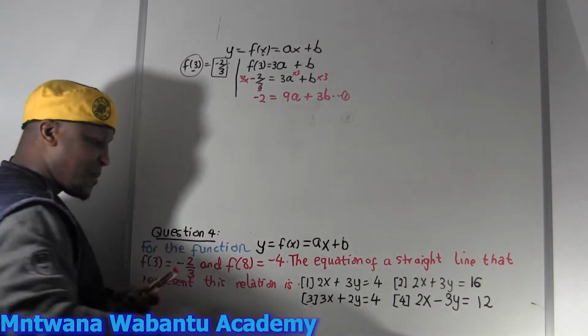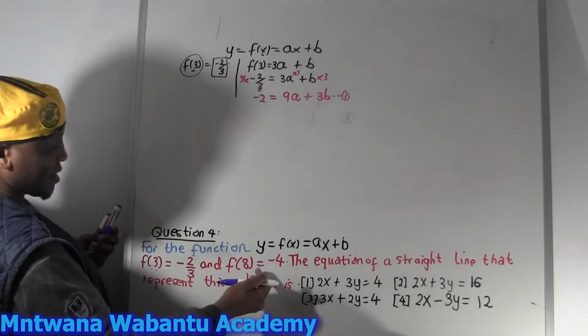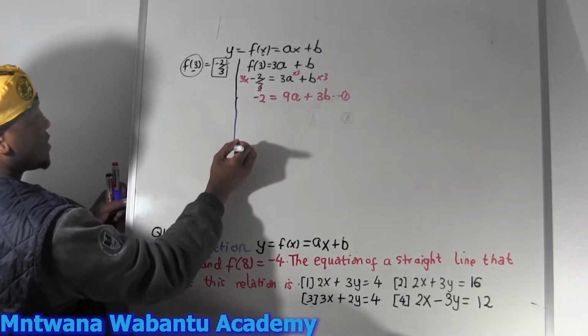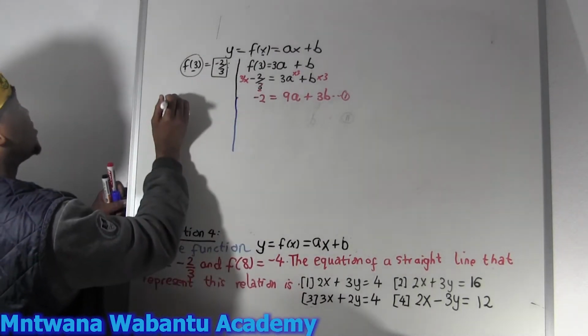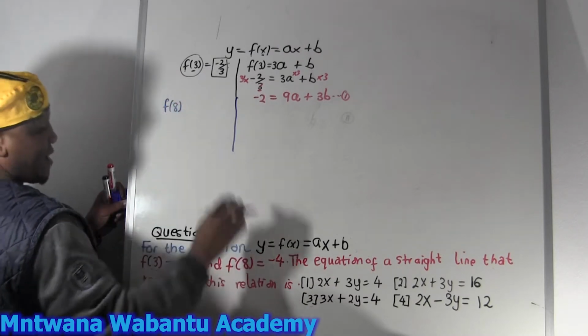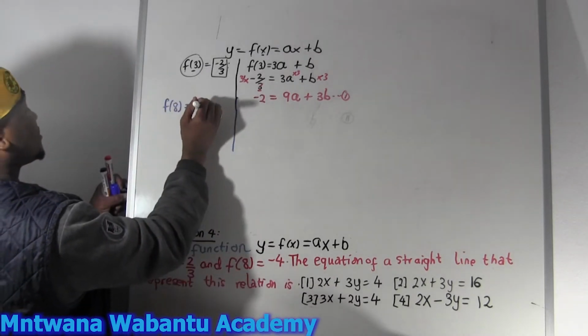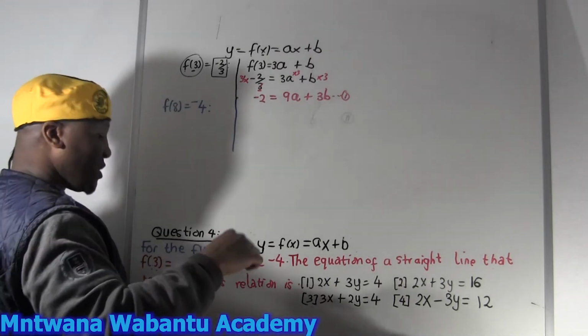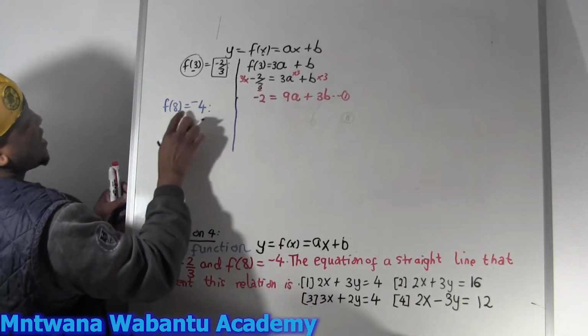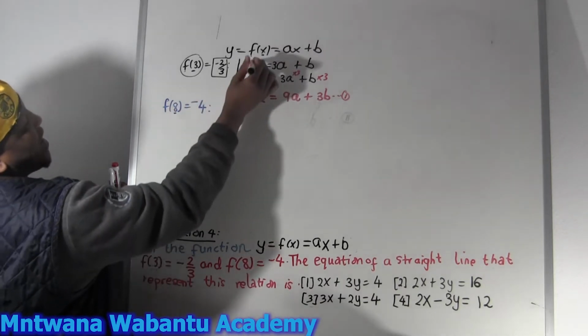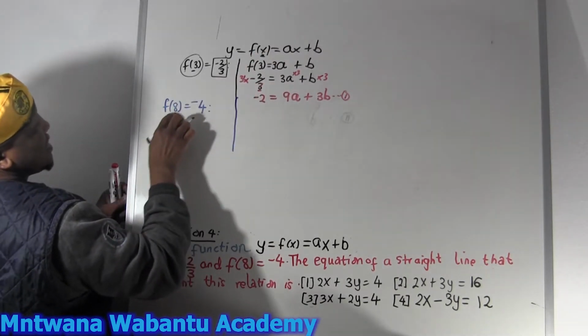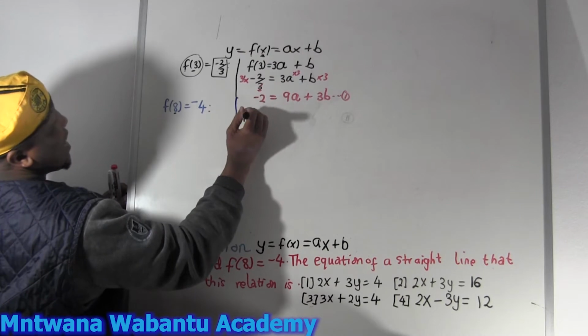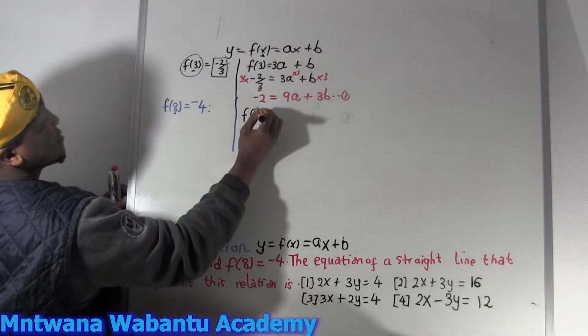I'm going to do the same step for the second one, which is f of 8. So I have f of 8 equal to negative 4. What is the x? x equals 8.